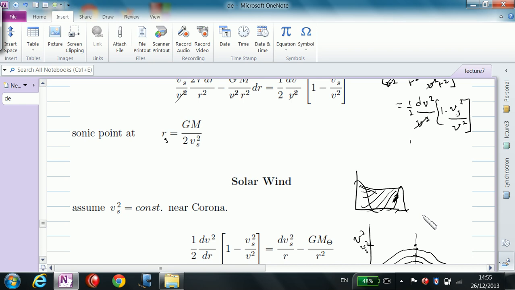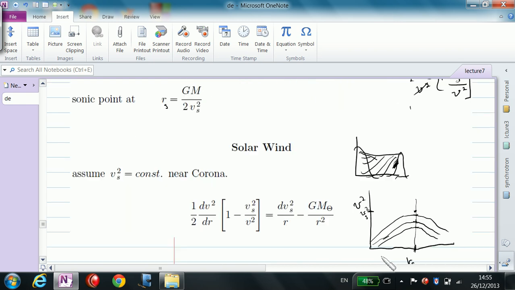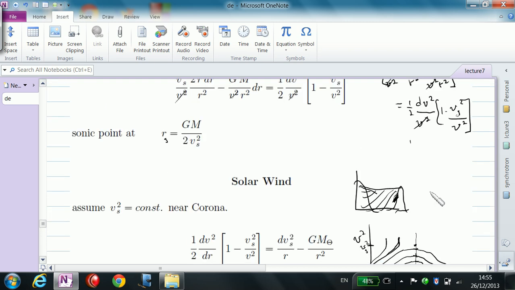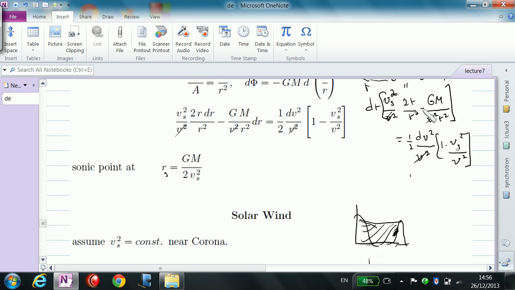Now, you can also have a case where the right-hand side goes to 0 and the coefficient on the left-hand side didn't.